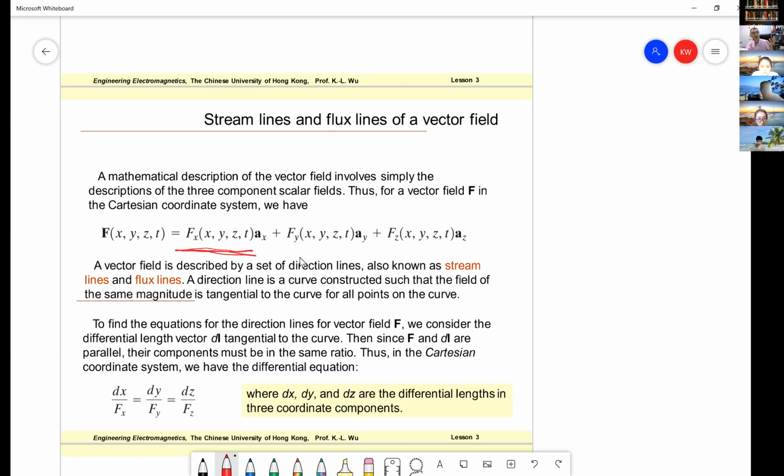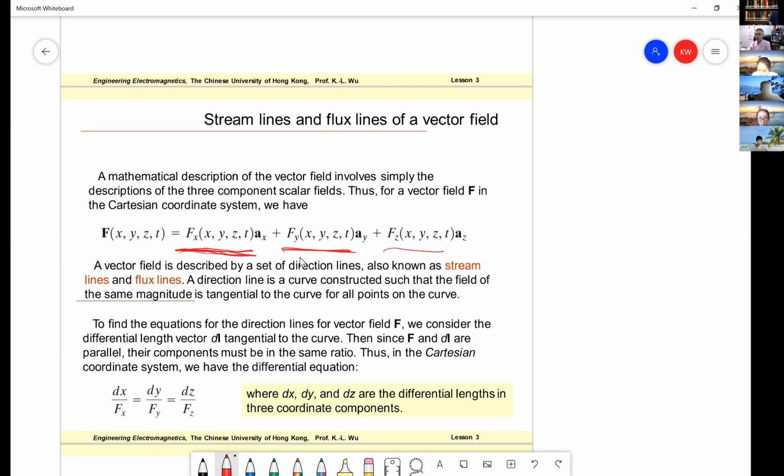The vector field is a function of position, so the three components of the vector are functions of position x, y, z, and also a function of time. Let's ignore time for the time being.